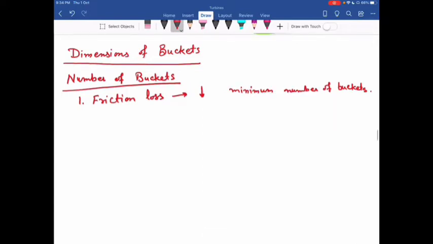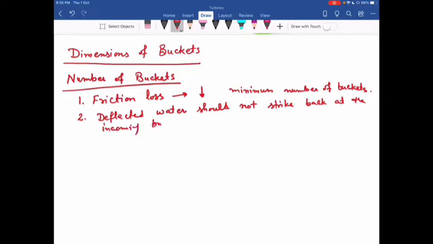Another deciding factor for the number of buckets is the deflected water. When the jet strikes the bucket, the water is deflected. That deflected water should not strike back at the incoming bucket.